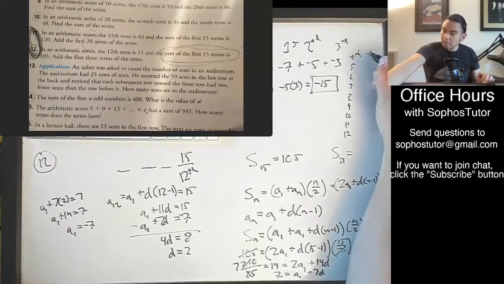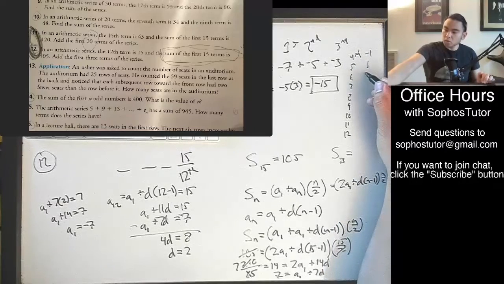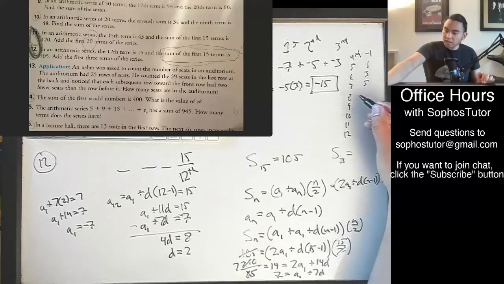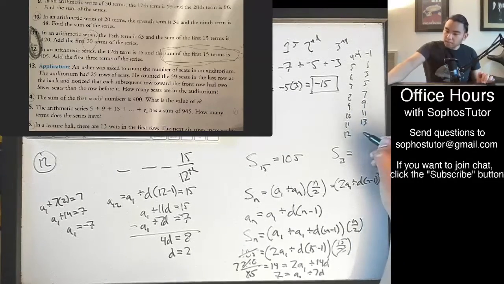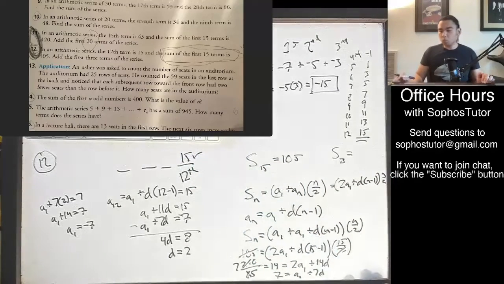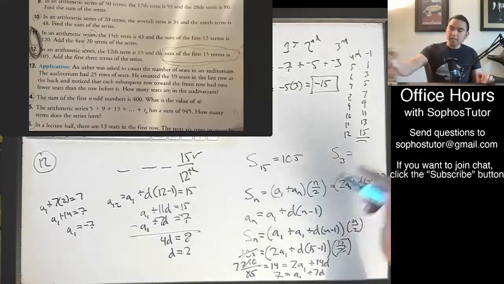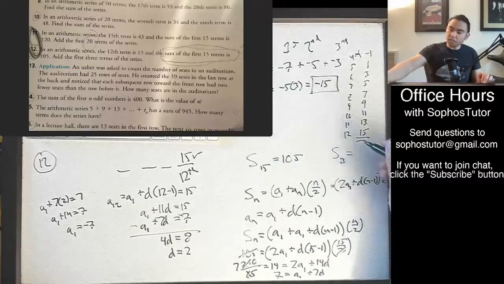Fourth term is negative 1, fifth term is 1, sixth term is 3, seventh term is 5, eighth term is 7, ninth term is 9, 10th term is 11, 11th term is 13, 12th term is indeed 15, which checks out. All right. I guess we could go on to the 15th term.